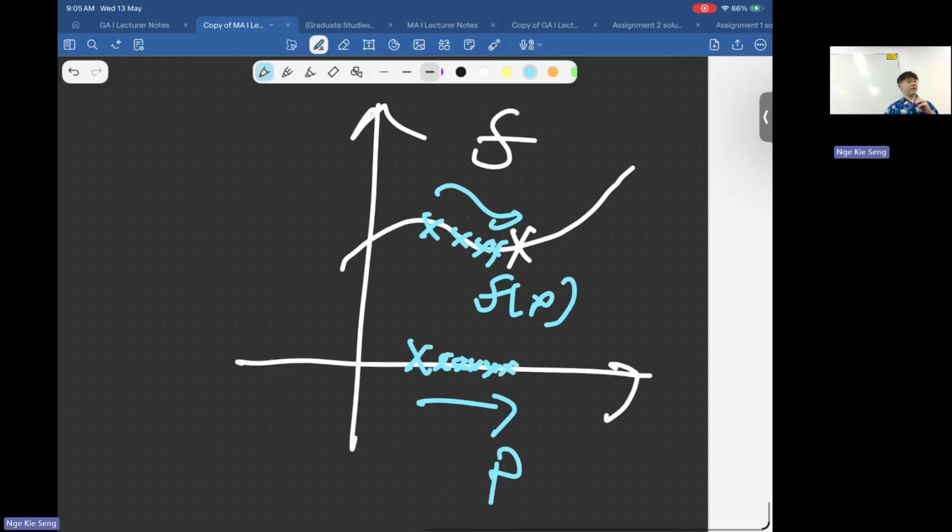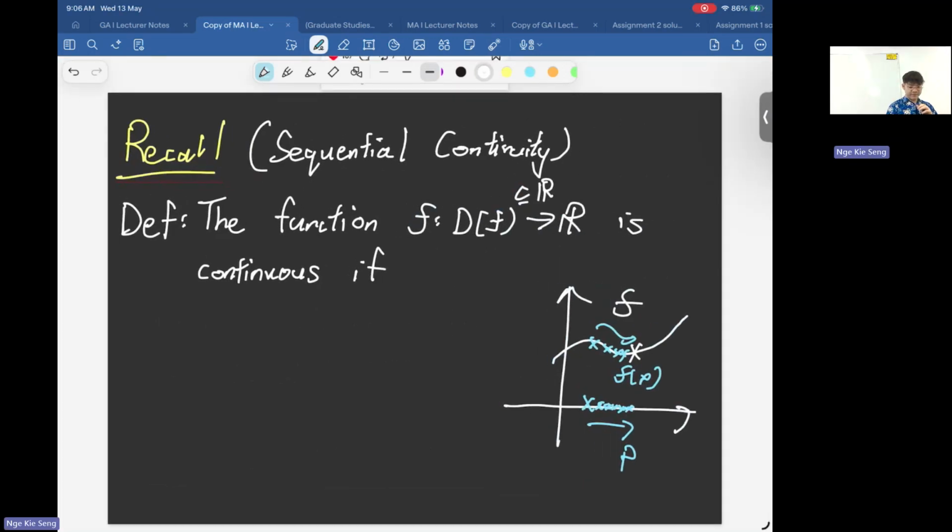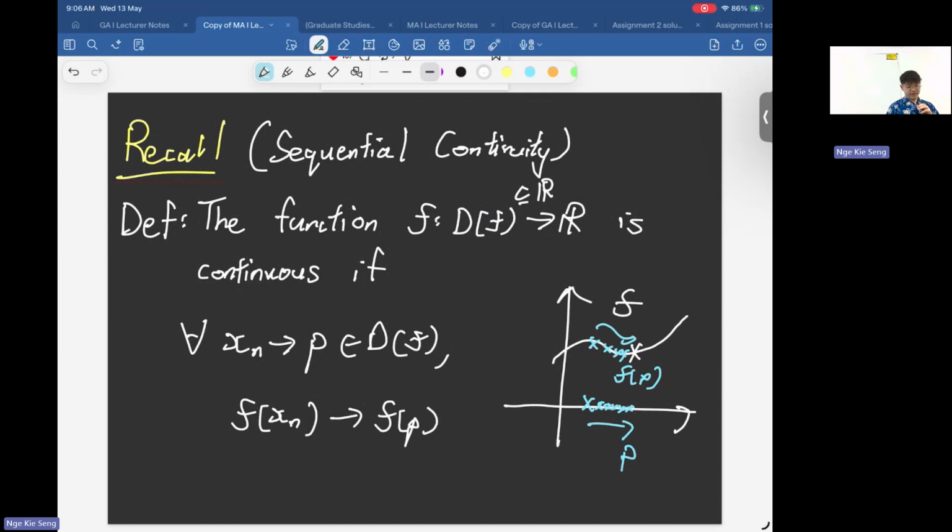Can you remember this picture? Then you turn it into words. For every sequence that converges to P in your domain, if you apply f to this sequence, it will also converge to f(P) in the codomain.